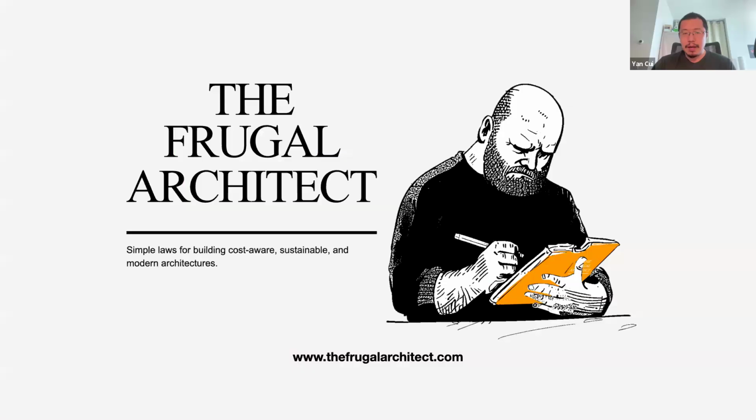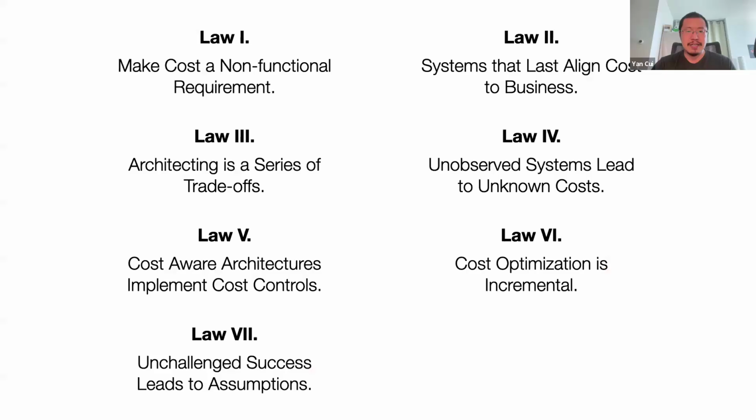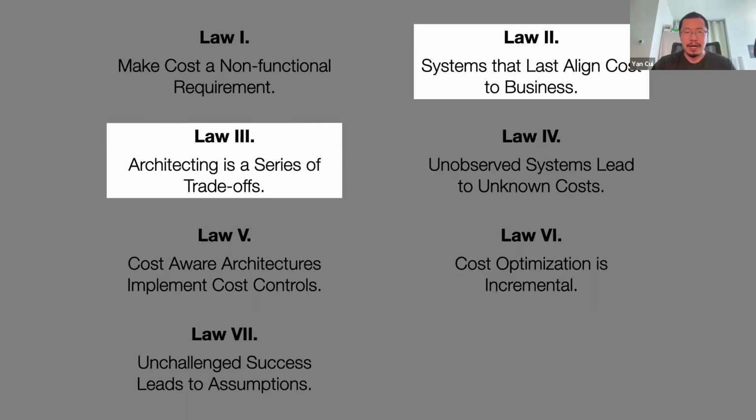So was it 3 years ago now that Werner gave us the Frugal Architect, with 7 laws for the frugal architect, and there are 2 that I particularly like. One says that architecting is a series of trade-offs.